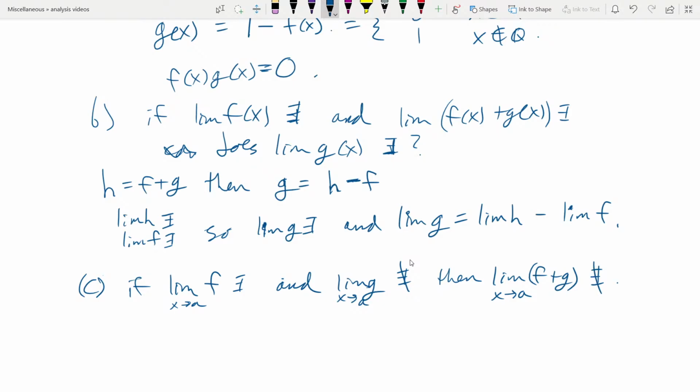To reiterate, by contraposition, if the limit of f plus g exists, then we're in the case of part B, and that automatically implies that the limit of g must exist. Okay.